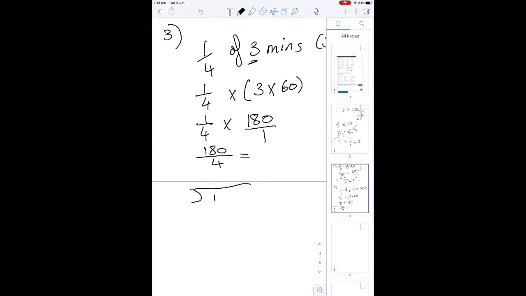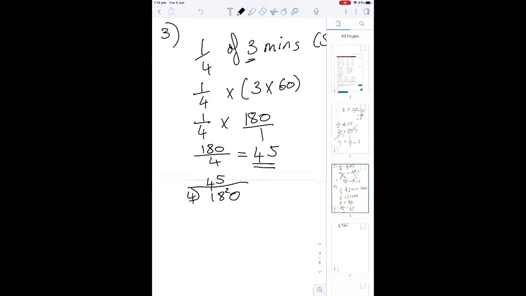If you know your short division, you should just be able to plug it in. 4 goes into 1, it doesn't. 4 goes into 18: 4 fours are 16, remainder 2. 4 goes into 20 five times. Perfect. There's my final answer, 45.